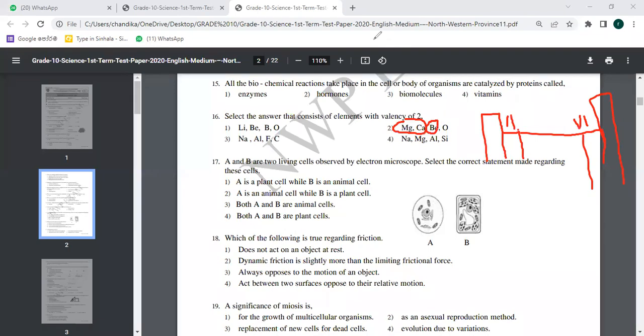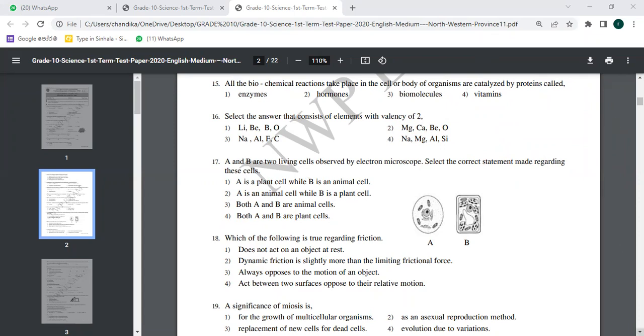They all belong to the second group. And the element available in the sixth group is oxygen. So elements in the second group and sixth group have the valency of 2. Answer 2.